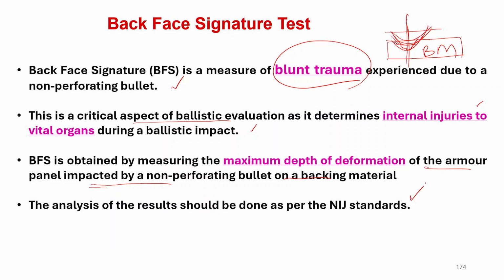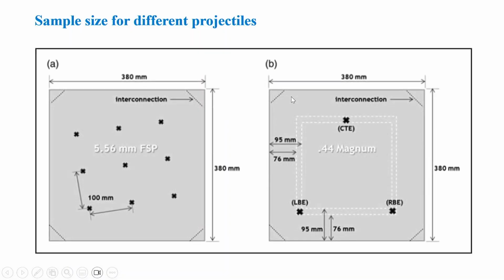This analysis should be done as per the NIJ standard. The NIJ standard is clearly specified. So, sample sizes for different projectiles, you can see these are the sample sizes. Here, for the 5.56 millimeter FSP, the sample specimen size is 380 millimeter by 380 millimeter, and the distance between shots should be a minimum of 100 millimeter.